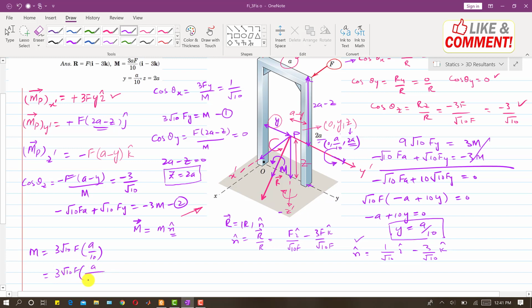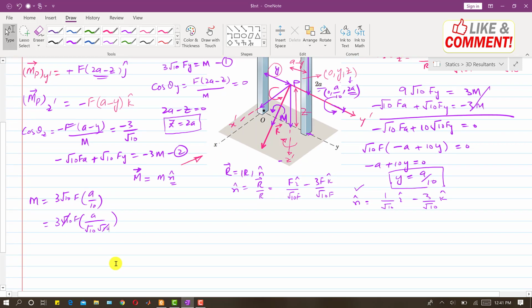We can represent this 10 in terms of 2 square root 10s. So this will be cancelled out, and the moment magnitude comes out to be 3Fa divided by square root 10.